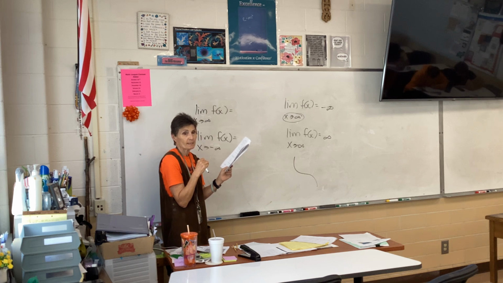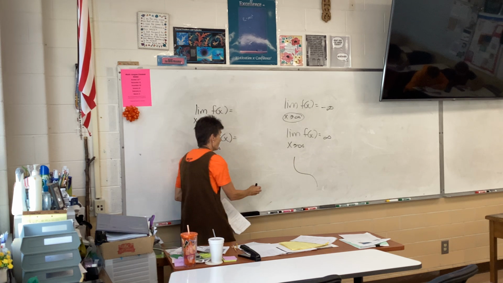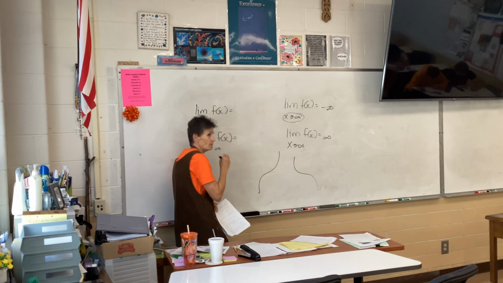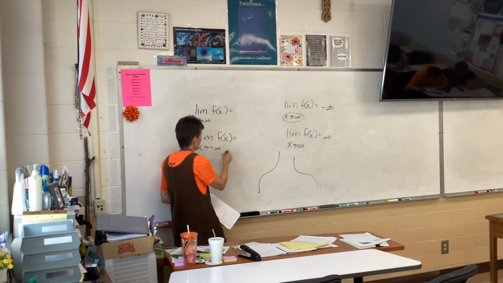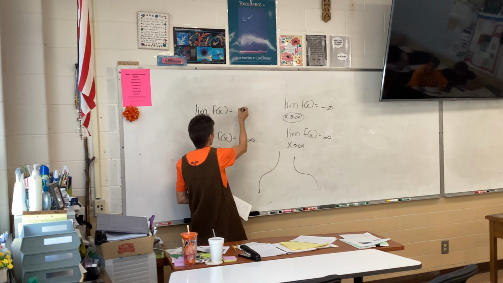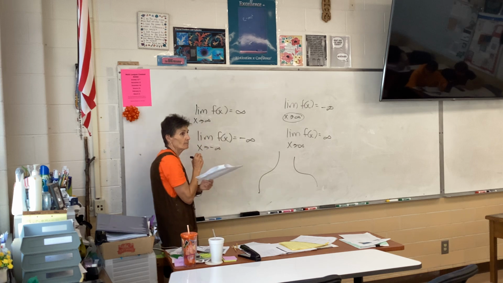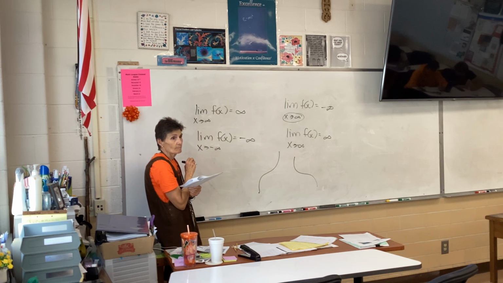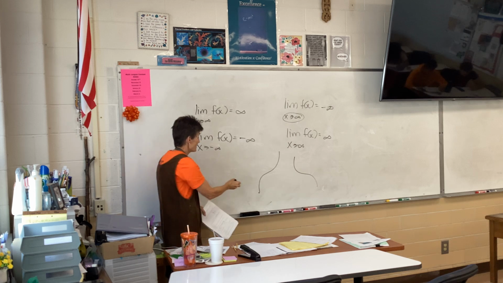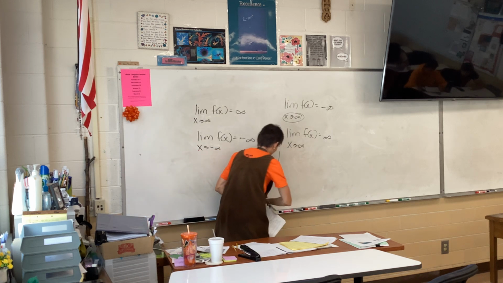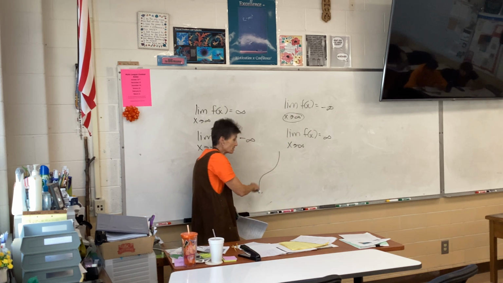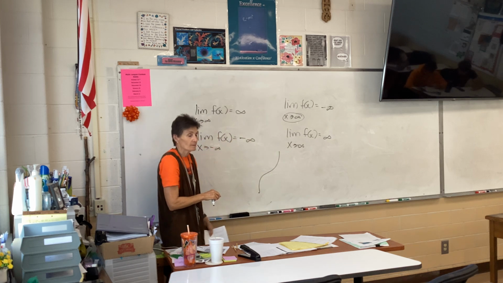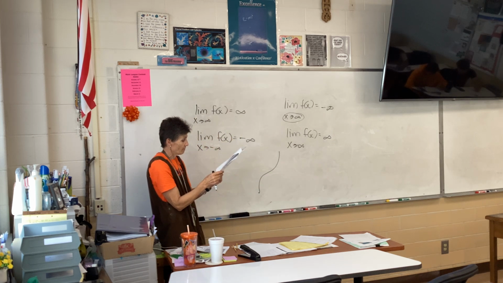Leading coefficient is positive, so isn't this its shape? So on the left, we're down, and on the right, we're up. Everybody good with that? It's x cubed if you times it out. This is our picture. That's a positive odd. That was a negative odd.